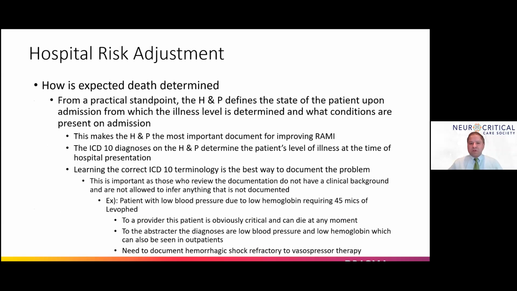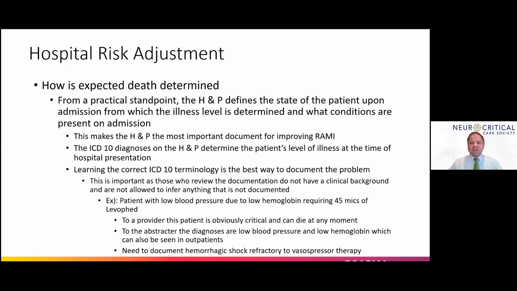It's important to know that the H&P serves as the index document which defines the state of the patient upon admission, from which the illness level is determined and what conditions are present on admission. This makes the H&P the most important document for improving your hospital's RAMI.